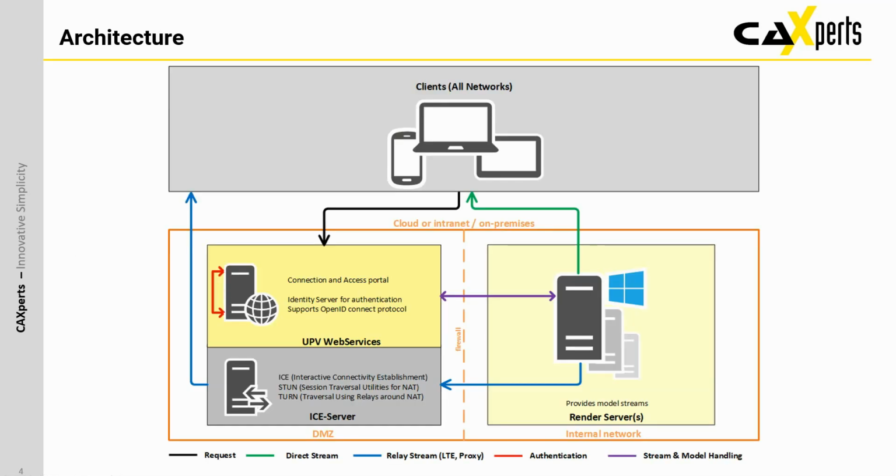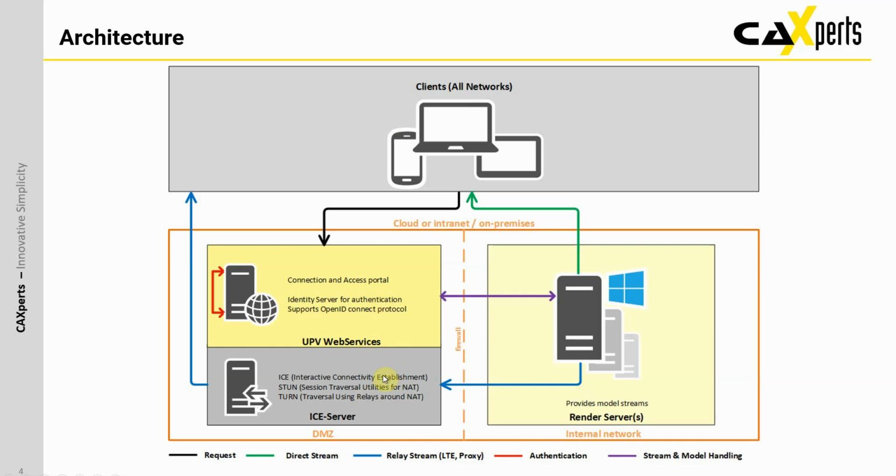How do we realize this? Let's have a look at the architecture. Basically, you can use any client on any device on any network, while the server setup consists of basically between 2 and 3 components.